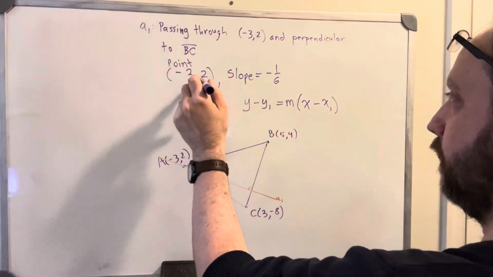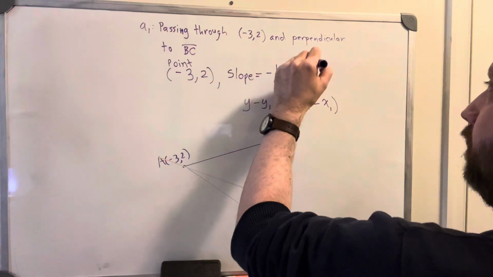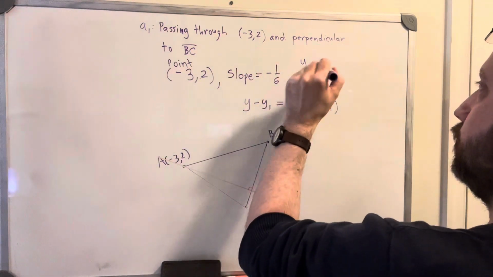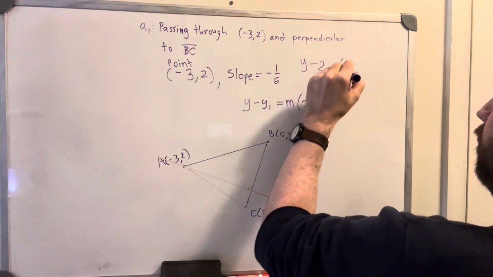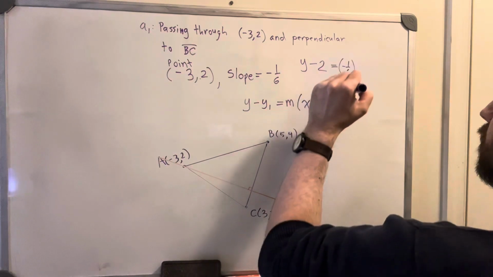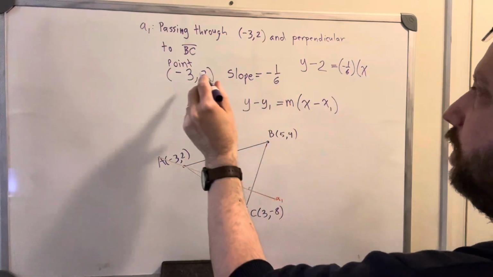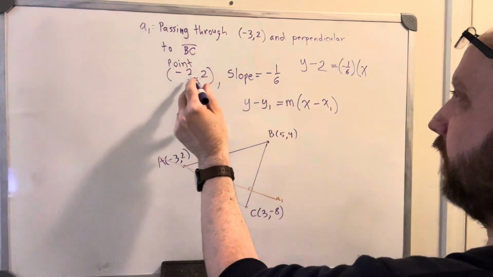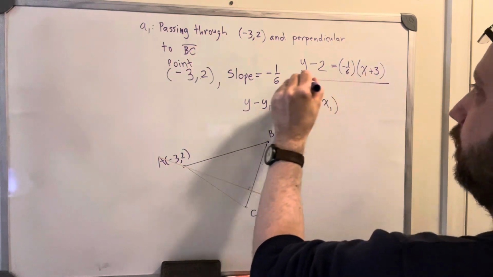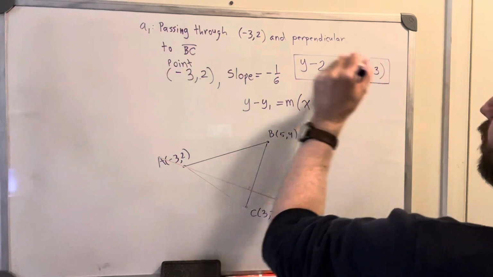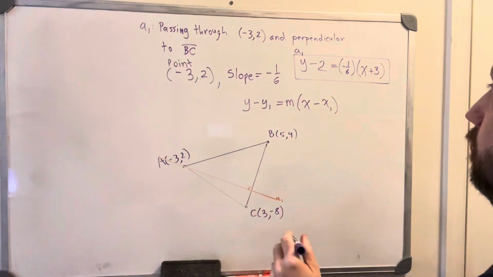This is the point that we know, so we can say y minus 2 equals slope negative 1/6 times x. Now, minus negative 3 is the same as plus 3. Okay, this is the equation of altitude line A1. So we've got that now.